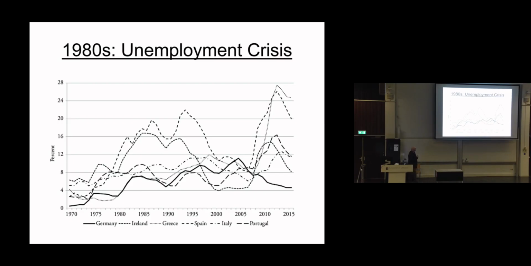We also can observe in the 1990s for Germany, the black one, there's the reunification. Germany had to absorb Eastern Germany, which was ineffective. Many companies went bankrupt in East Germany, and it also gave rise to high unemployment even in Germany.